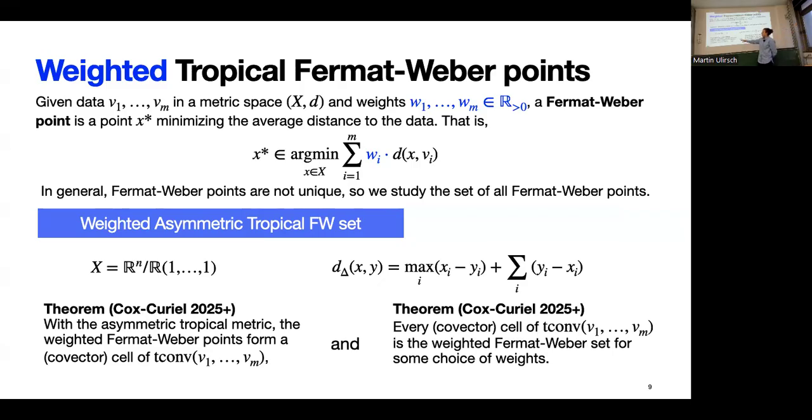We found that the weighted Fermat-Weber points are still a cell of the tropical convex hull of the data. And in fact, if you give me any data and any cell of that tropical convex hull, then I can give you some choice of weights that will make that cell the Fermat-Weber set. So this shows that these weighted Fermat-Weber points are maximally expressive, in the sense that you could get any part of the tropical convex hull as your Fermat-Weber set.